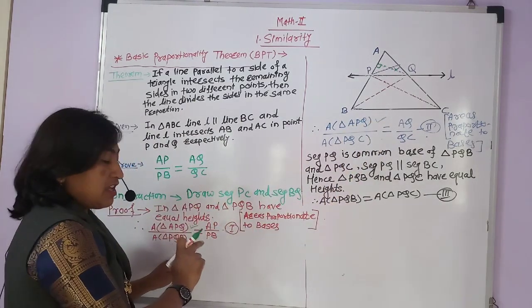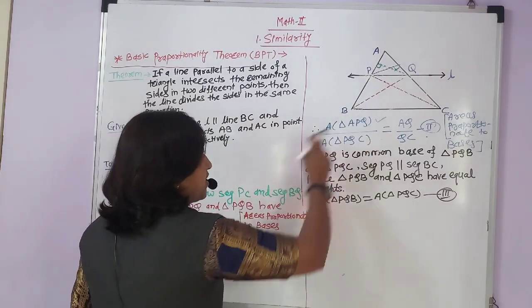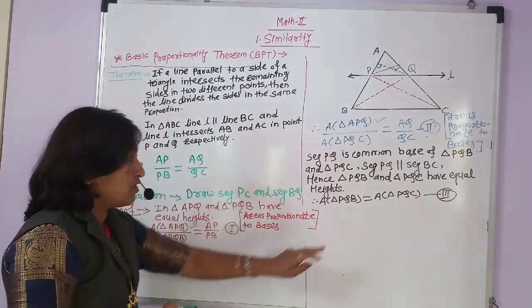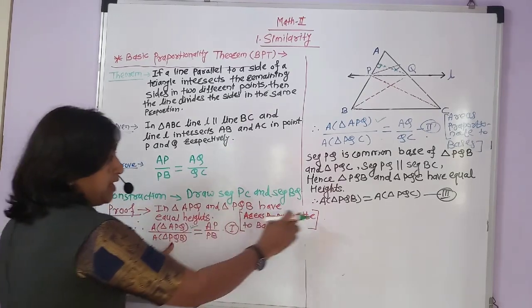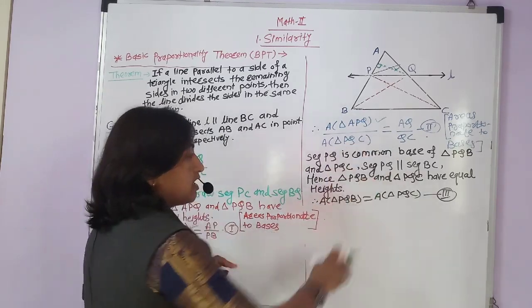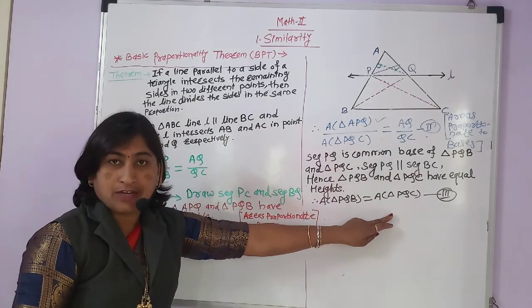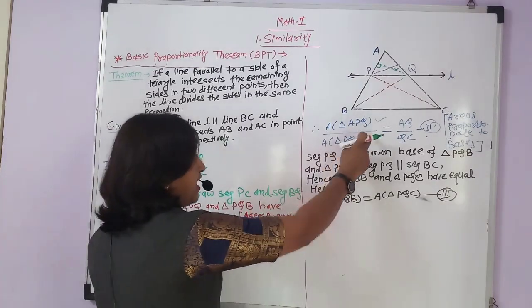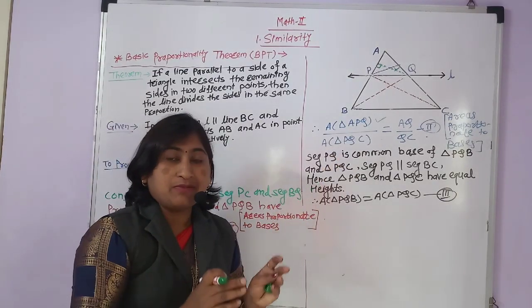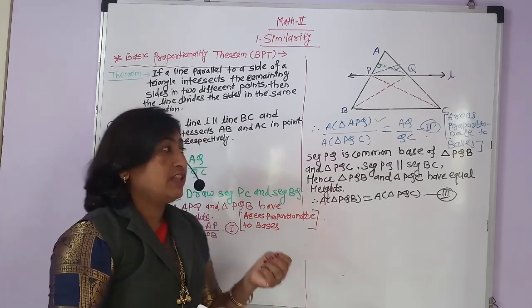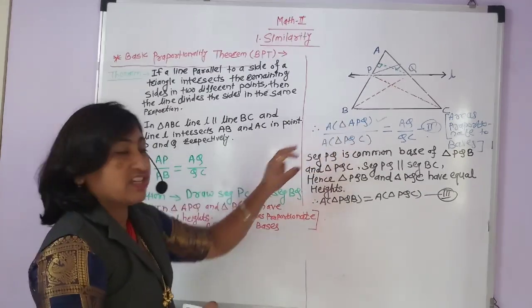That means the numerators are equal, and from equation 3, area of triangle PQB and area of triangle PQC are also equal. That means the denominators of equations 1 and 2 are also equal. Numerator and denominator are equal, so these two equations are equal.